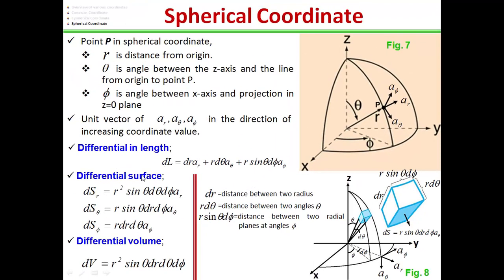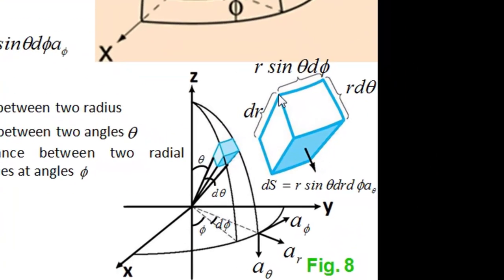If we calculate the differential surface along a r, a theta and a phi, first we see the differential surface along a r. For the calculation of differential surface ds r, which two sides are under consideration? For this direction, you can see this and this and this and this.